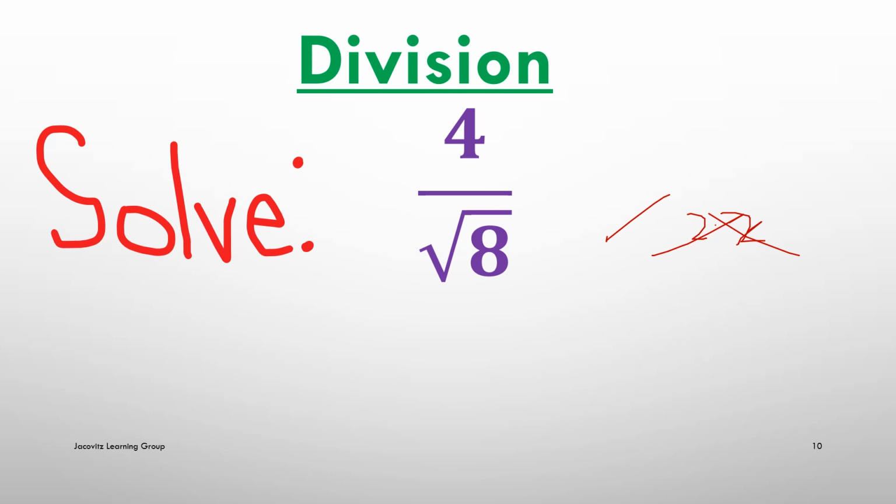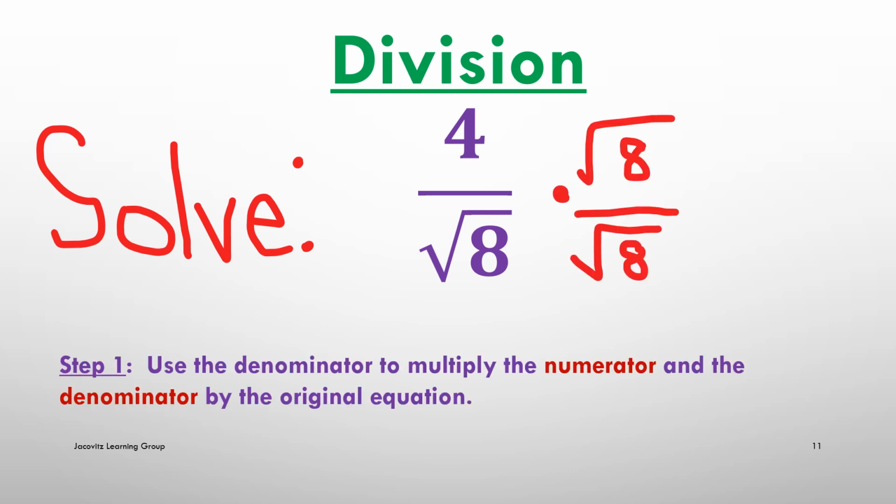Okay, let's make sure we get rid of this denominator in the right way. You already have this here. Your denominator is given to you here, and it is the square root of 8. So you have the square root of 8 over the square root of 8, because these two equal 1.